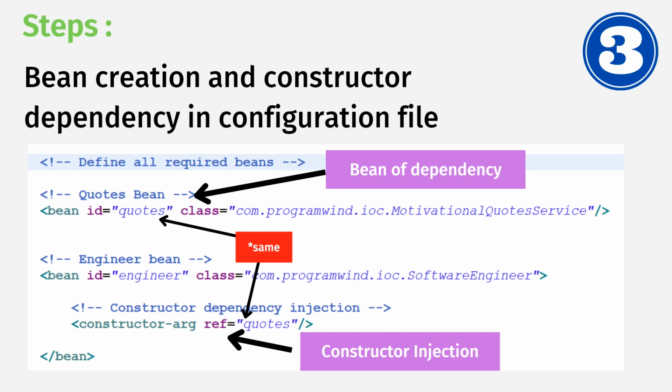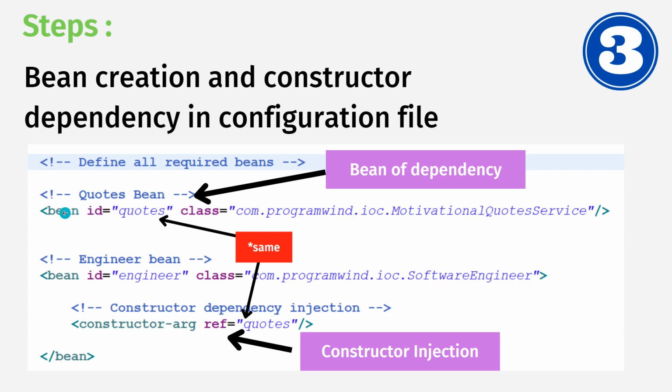That is, we have to configure all these things inside this configuration file. All these things mean we have to create a bean of the dependency and we have to refer to the same as a constructor argument. Okay, so let me make you understand what we are doing. First we are creating a bean for this implementation class, the implementation class of quote service, that is actually our dependency.